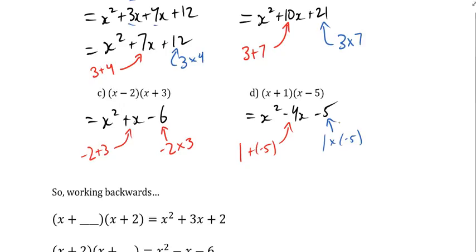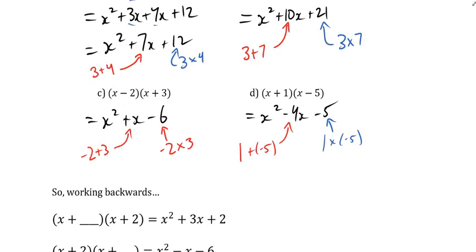The difference between 5 and 1 is 4, so the middle term is negative 4 in this case. And then 1 times 5 gives me negative 5 on the outside. Happy with that? I know this is old stuff, but everything we do from here on in is based on those 4 questions.